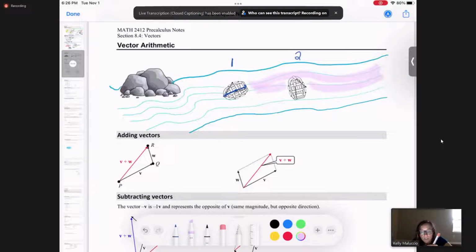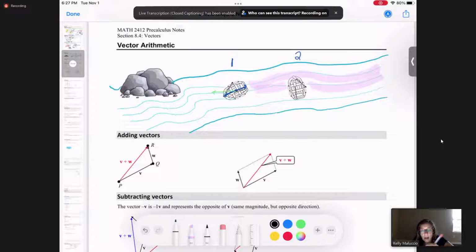The boat is pointing in the direction of the line that I just drew, but the current might be pushing it in this direction. If that's true, then we can add these vectors to get where this boat is actually going to end up.